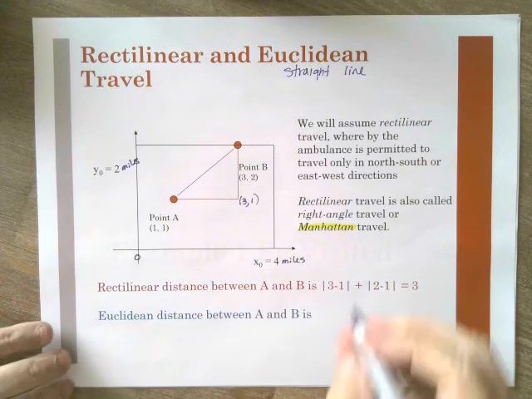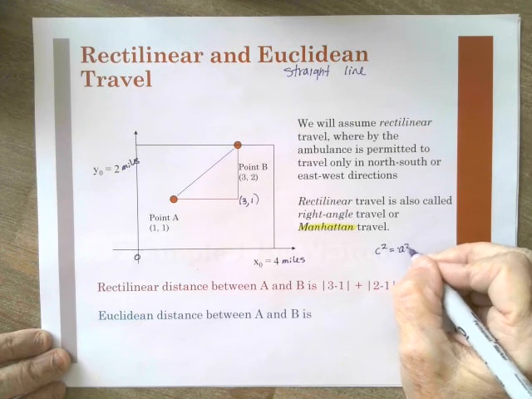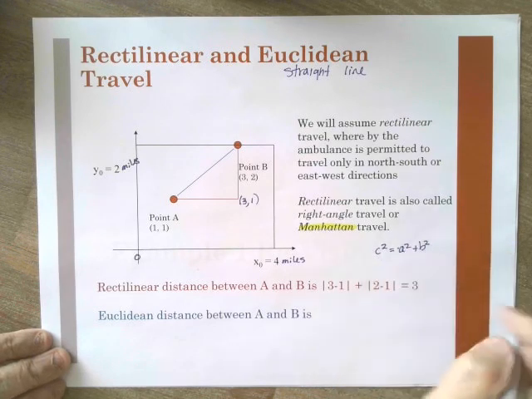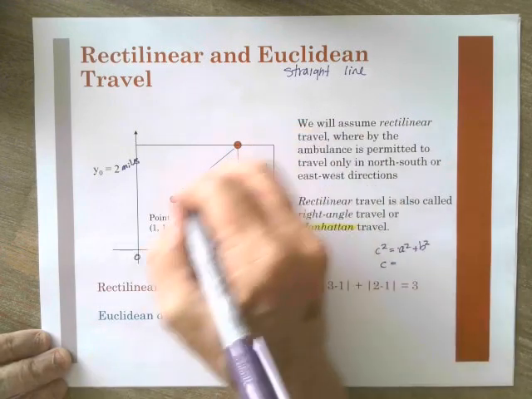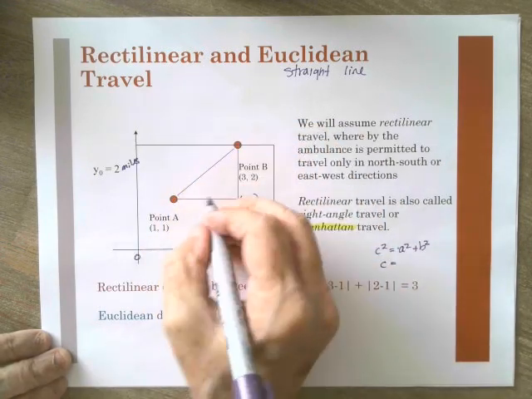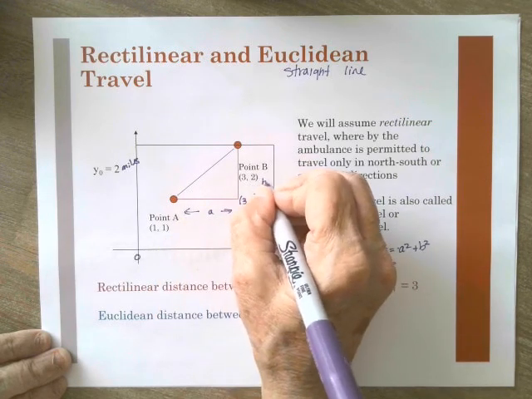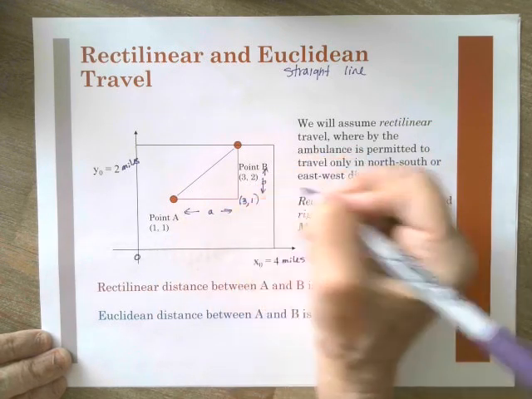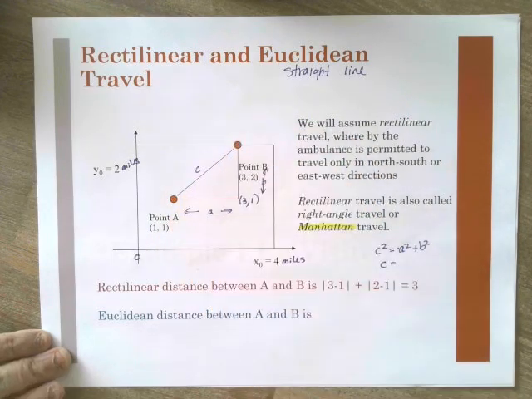We're just going to use c squared equals a squared plus b squared. Because it's a triangle, right? So I'm interested in this value here. I'm going to call this value A here and this B here. I'm just going to use my geometry. And then this distance here is going to be C.